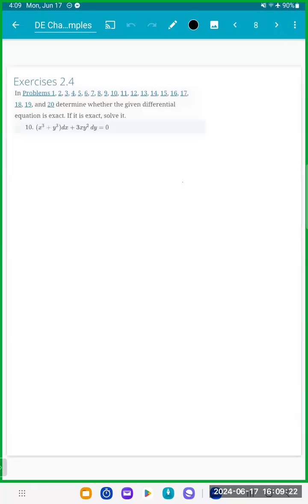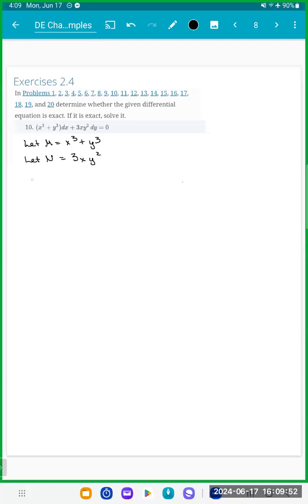Okay, another problem similar to the one that we just recently did. And so for this one, we want to go along the same lines, right? So if we let M equal our first portion, x cubed plus y cubed, and we let N equal 3xy squared.